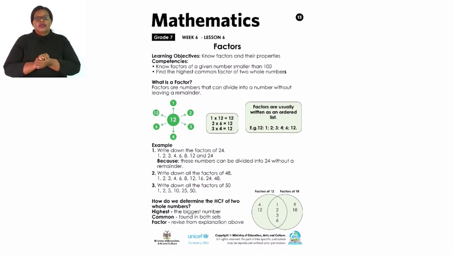The common factors, the numbers that we can find in both lists, will be 1, 2, 3, and 6. Now, what is the highest common factor then? The biggest number that we find in both sets is 6. So in this case, 6 will be our highest common factor, or HCF.